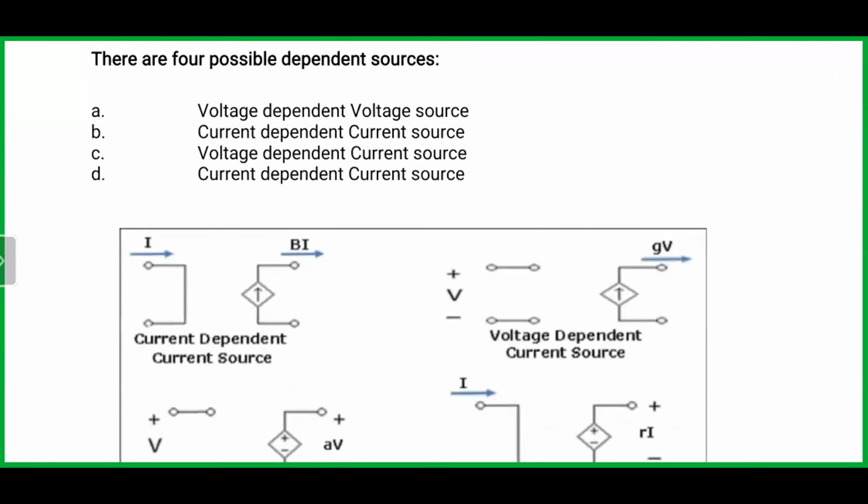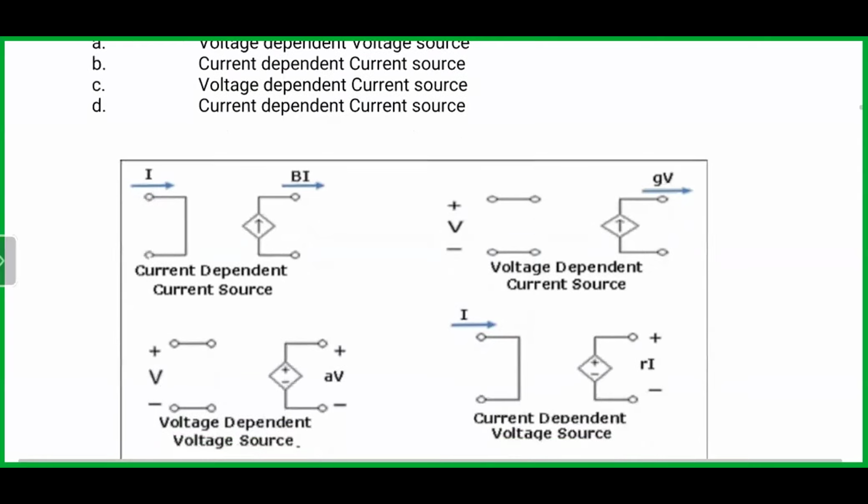Look at this. This is the first one. We have a current dependent current source. So current moves in and supplies current at the other side.